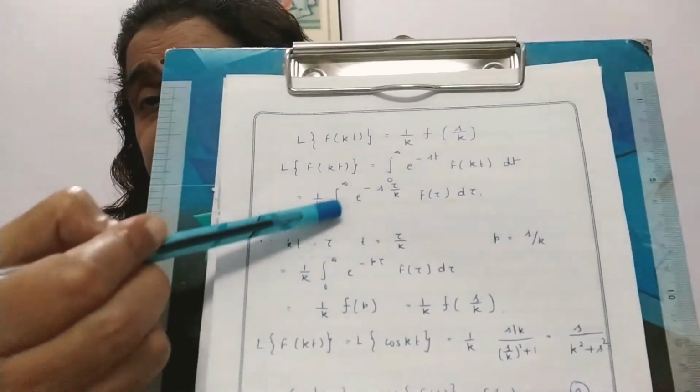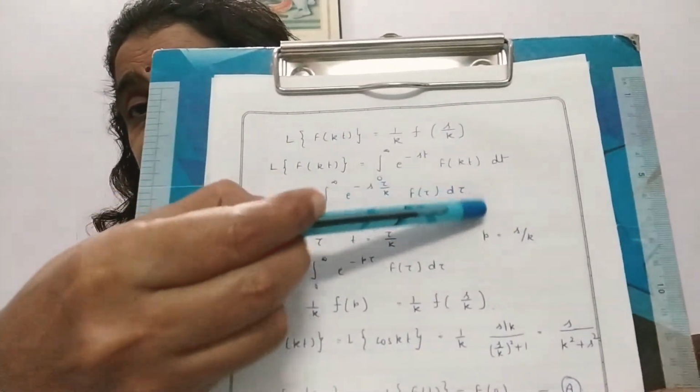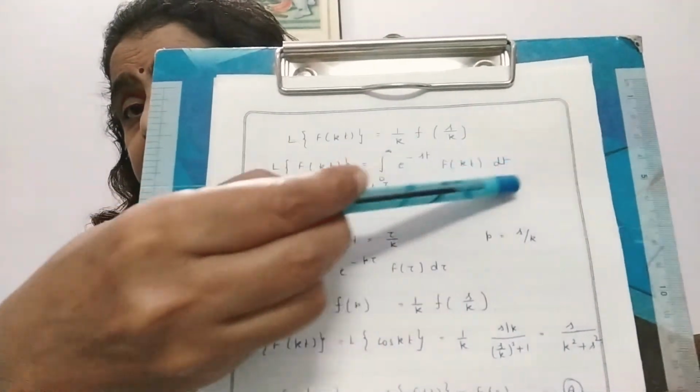This quantity is written outside, which was because of this factor dt.